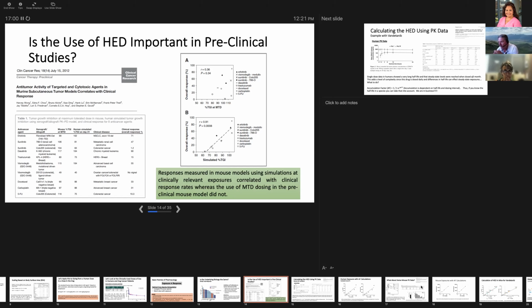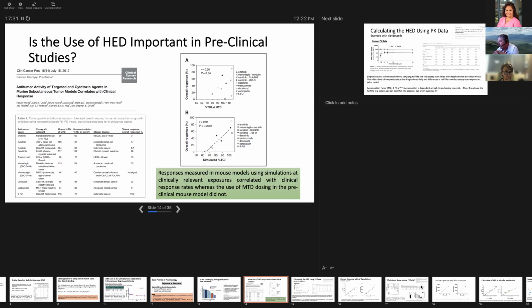And this is, I think, an incredibly important paper that came out in 2012. Effectively what this paper shows, and it's really shown in the panel on the right with A and B, is that if you treat at a dose that is relevant to humans, or like a human equivalent dose, you actually get a correlation with the overall response rate seen in clinical trials.